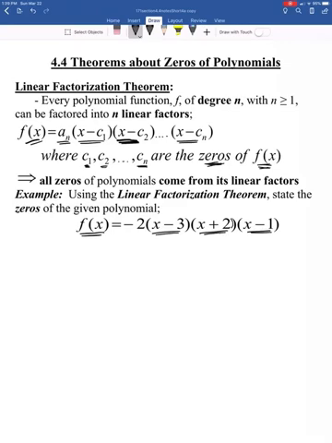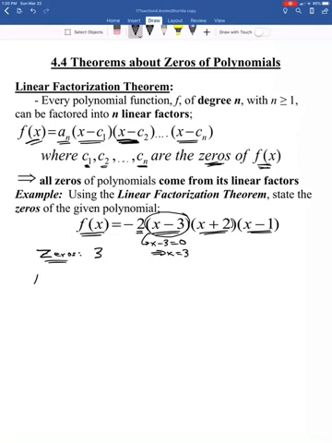And our coefficient in front, negative 2, is the leading coefficient of this degree 3 cubic polynomial. Now it asks us to state the zeros of this polynomial. Well, to state the zeros, we can see those just looking at it. We know x minus 3 is a linear factor. We know that produces a zero of 3. If we were to take x minus 3, set it equal to 0 and solve for x, we're going to get 3.